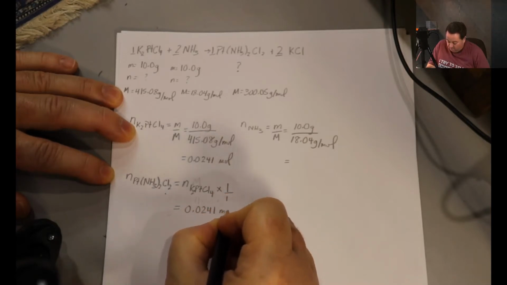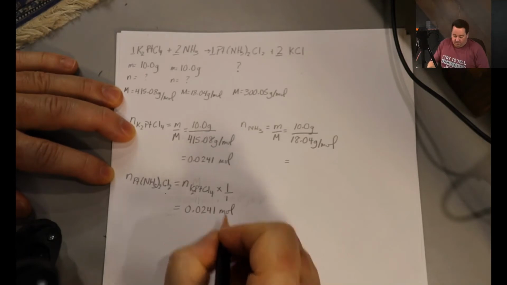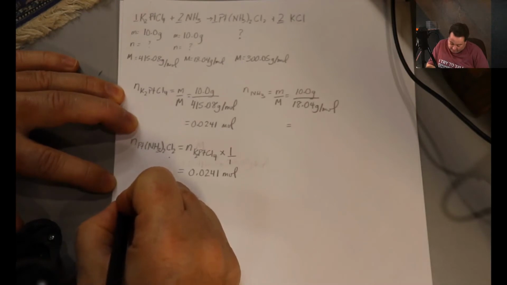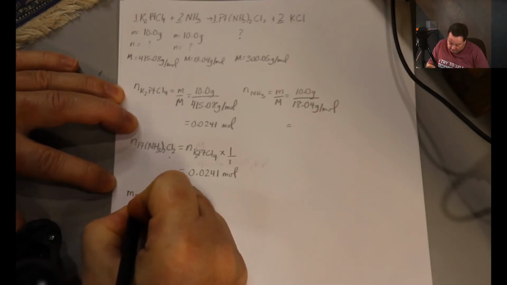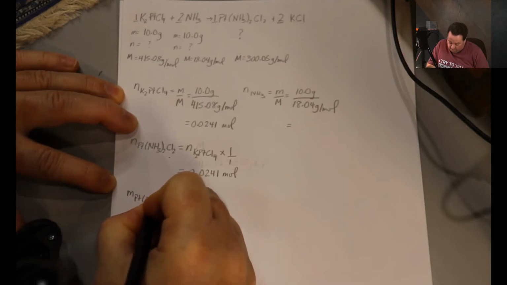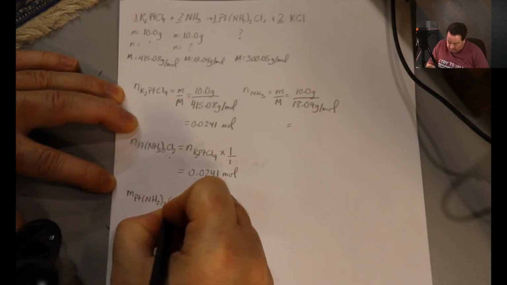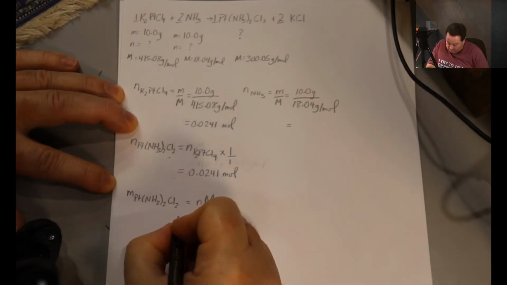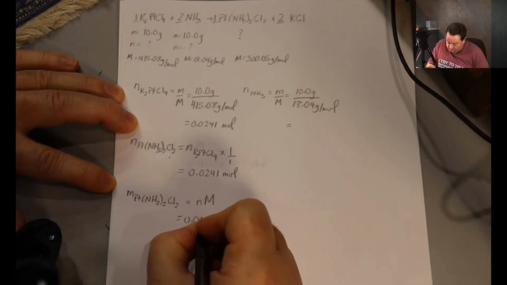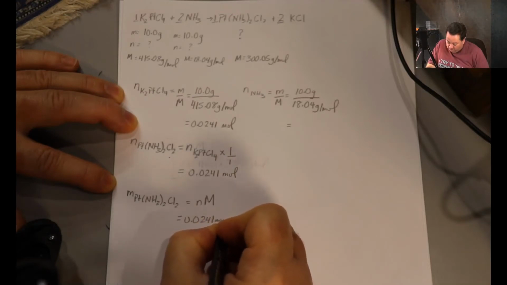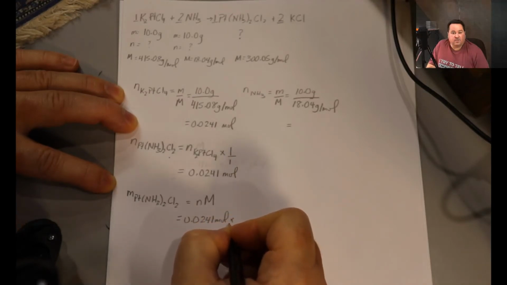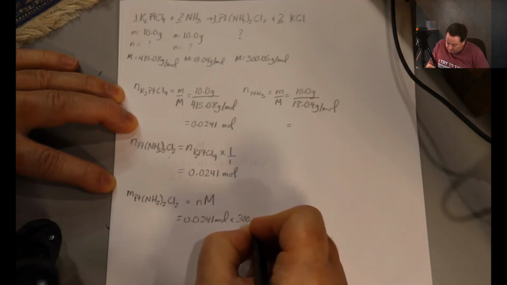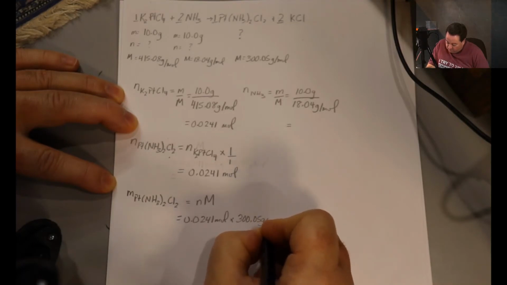0.0241 mole. Now we're into the third step for this first reactant, to figure out the mass of Pt(NH3)2Cl2, which is its number of moles times molar mass. So 0.0241 mole times the molar mass of the product, 300.05 grams per mole.